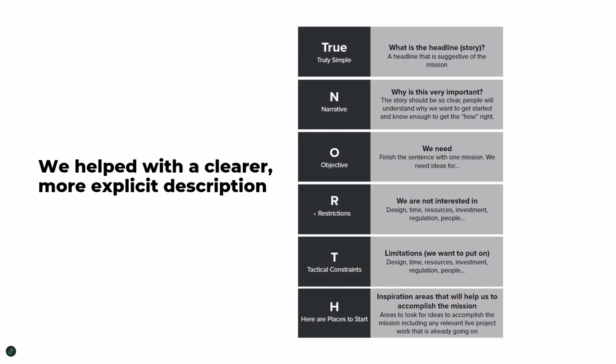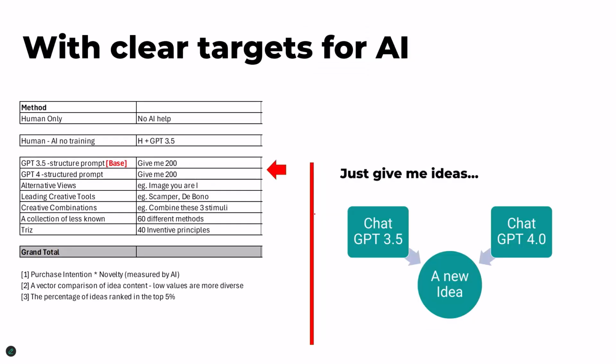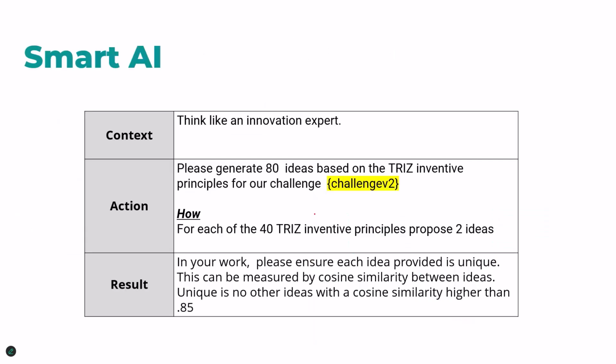Then we helped them say, look, try to figure out what you're generating ideas for. We let them use AI, ChatGPT 3.5 and 4.0. Just give me a bunch of ideas. And then we use something which we'll call smart AI. And smart AI isn't actually that smart or that complicated. It's actually just knowing enough to ask the right question.